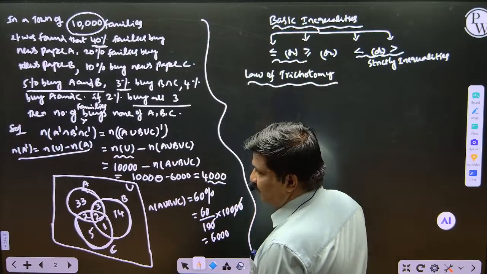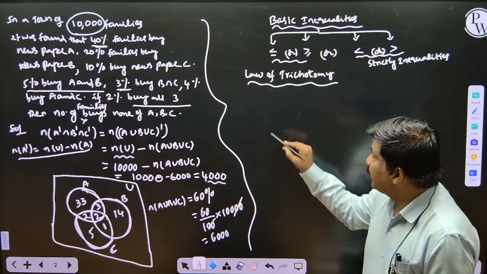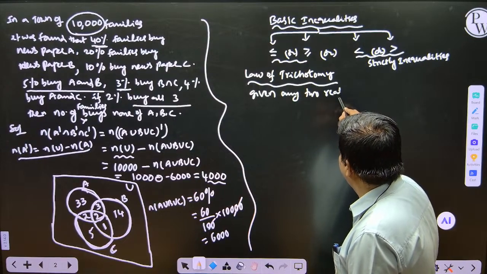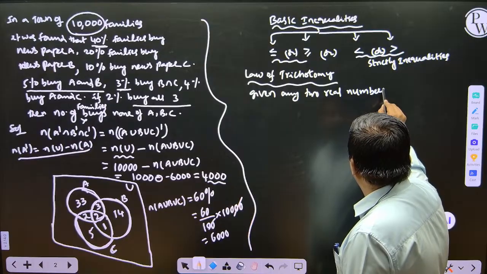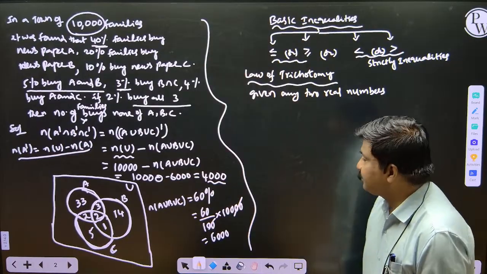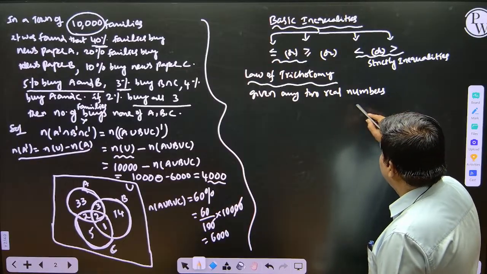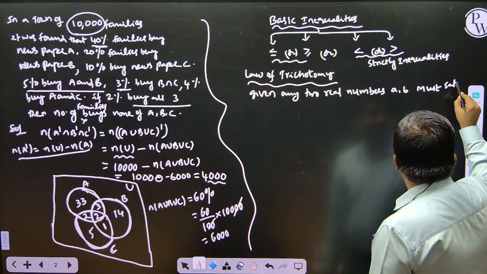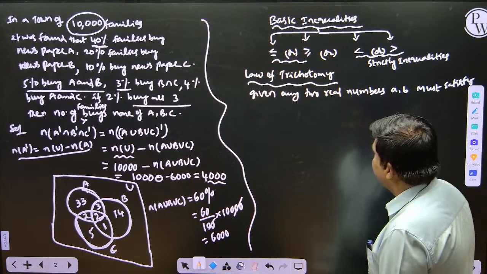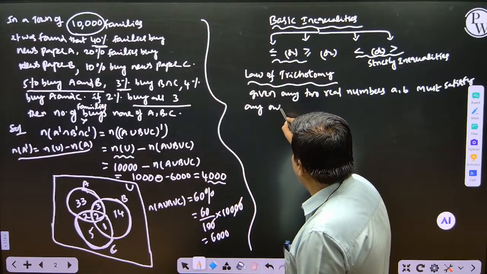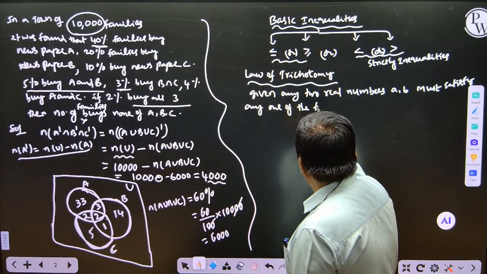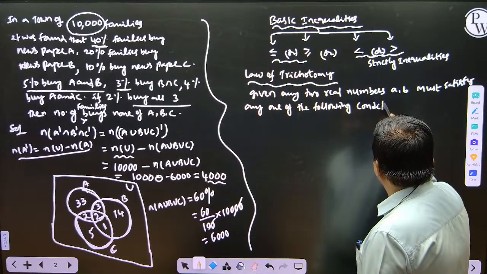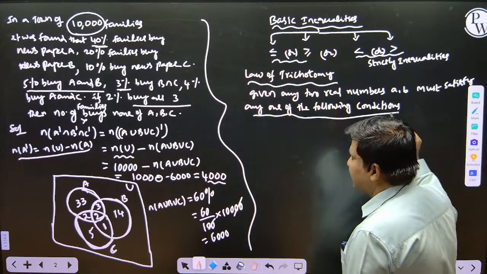What is the law of trichotomy? Given any two real numbers a, b, they must satisfy any one of the following conditions, not all the conditions.